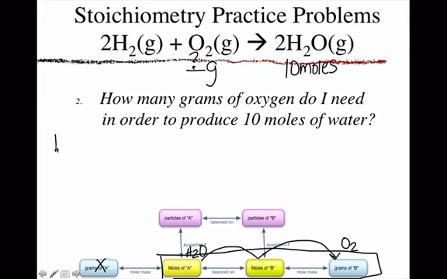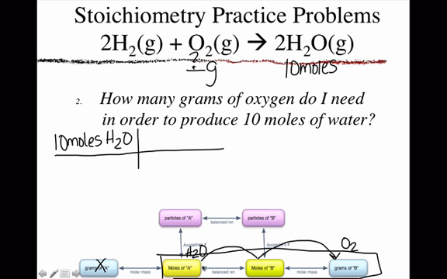I'm going to start with what they gave me, 10 moles of water, and then I look for conversion factors. I can go right to the balanced reaction for my first conversion because I'm already in moles, and that's what these big numbers represent.